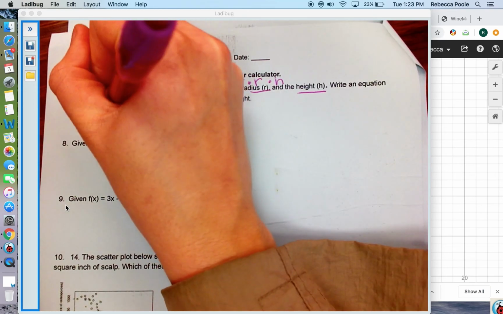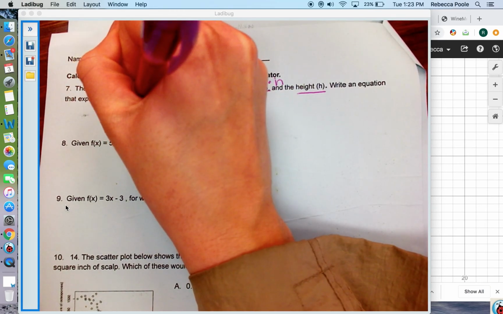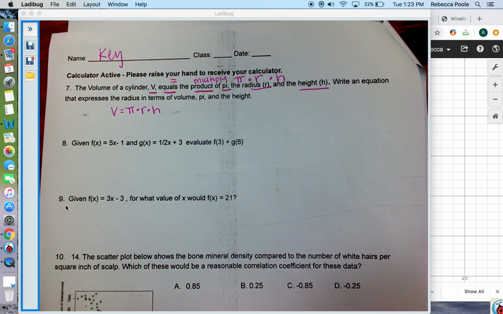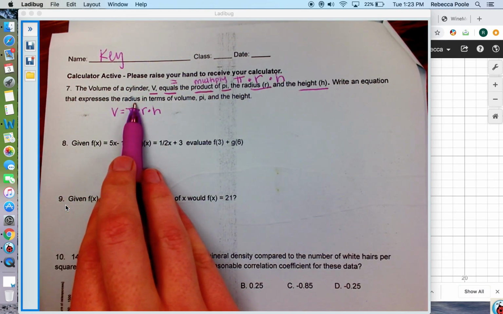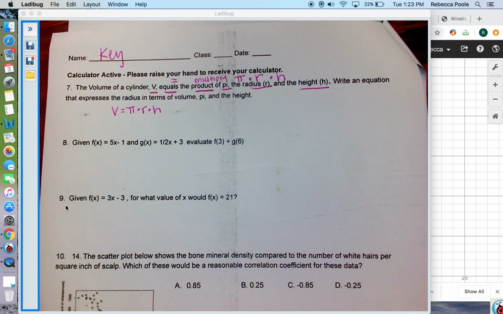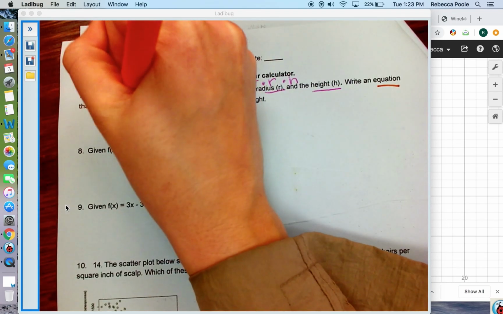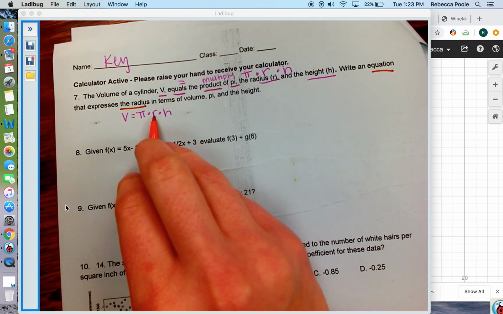So we have volume equals the product of pi times r times h. Okay, so now we want to write an equation that expresses the radius in terms of volume, pi, and the height. So we want an equation for the radius, which means I want to solve this equation for r.